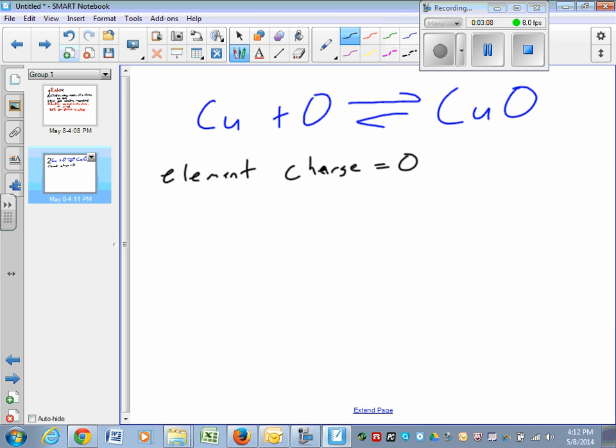The individual parts of a compound have what we call oxidation states. Oxidation states, you might remember from earlier in the year, are just the charge that each ion acts like it has.